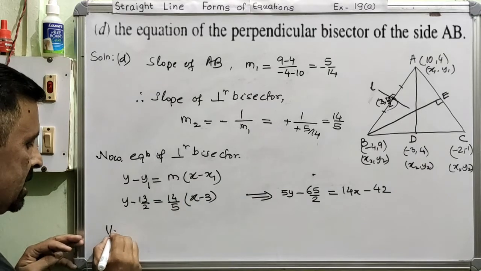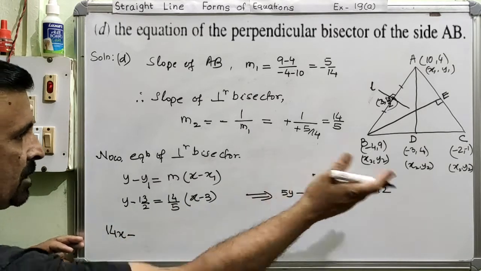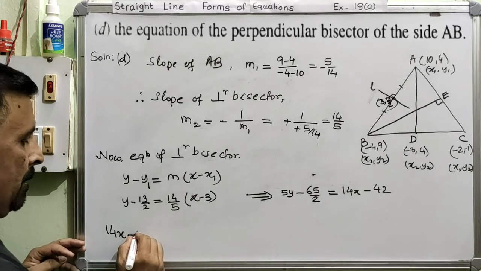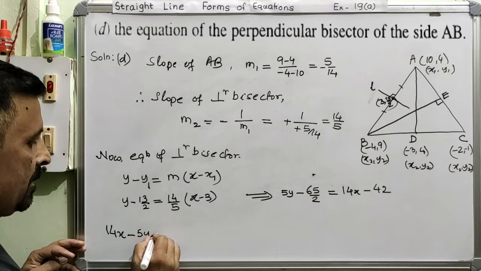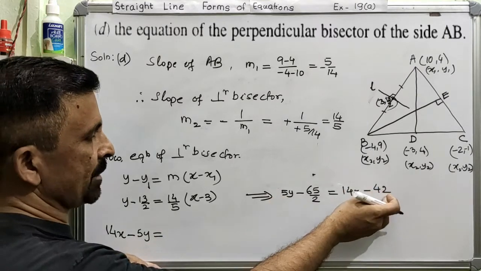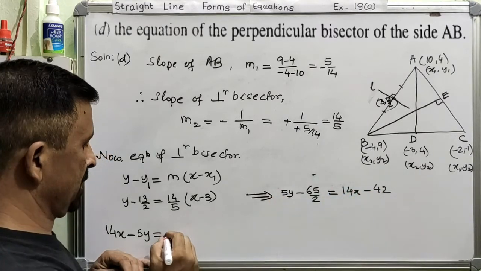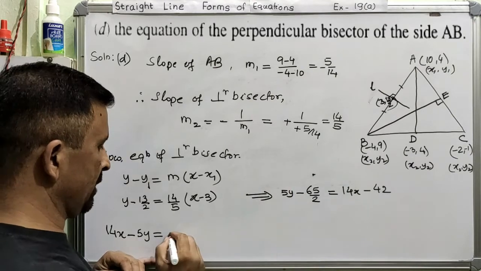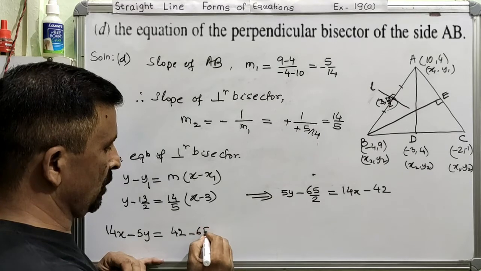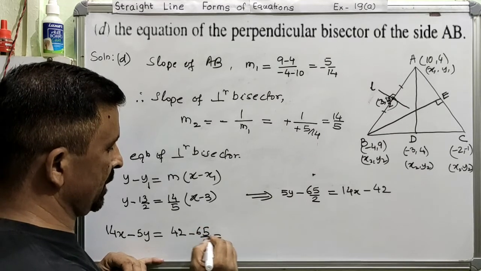So 14x minus 5y is going to that side. Minus 5y. Is it okay? So 5y has gone to that side. Now this time I will bring this 42 to this side. So 42 comes to this side, will become positive, and then this is minus 65 over 2. Now let us simplify this side.